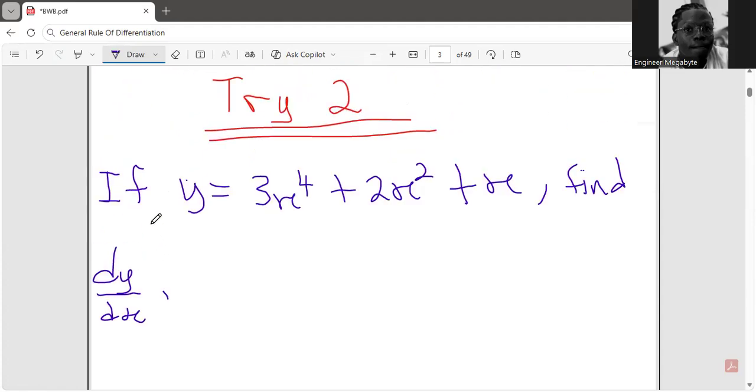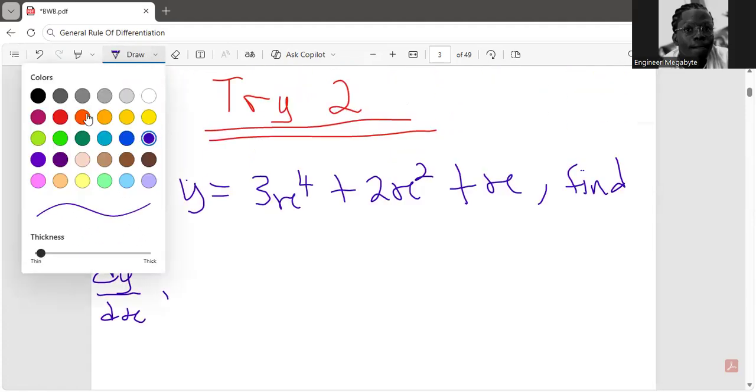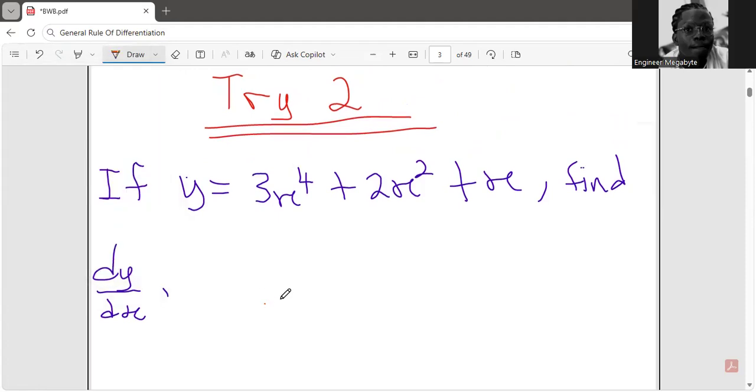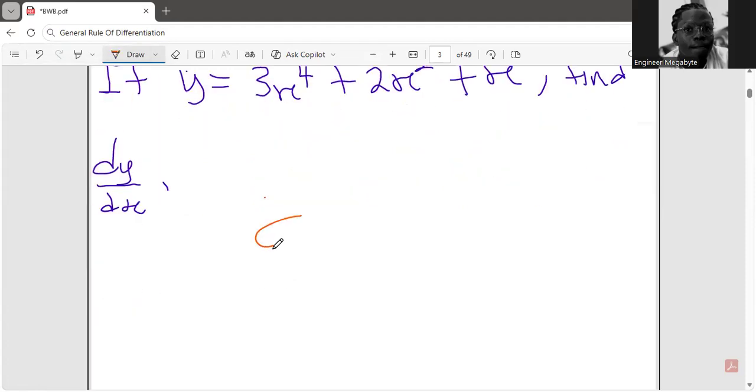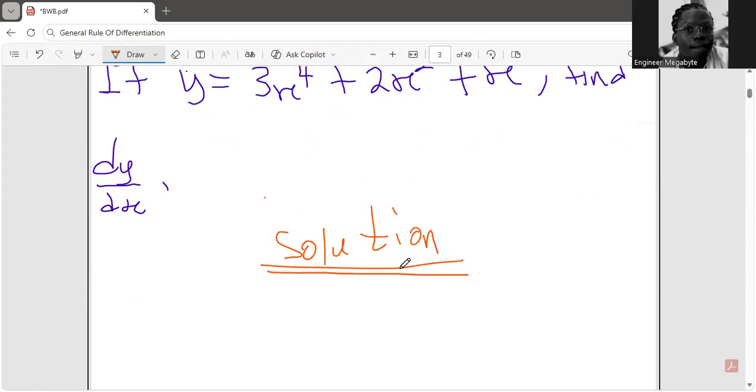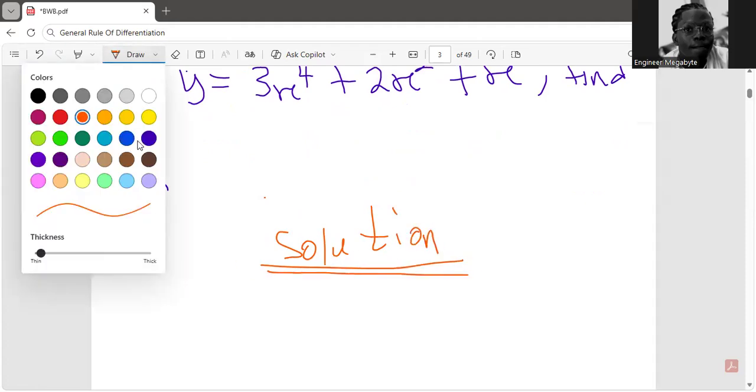The first thing we are supposed to do, from whatever we've been learning so far, is to write solution. In the solution we repeat the question for 1 mark, and then we can proceed to make history, that is, if you are doing this on the answer booklet. So this is our question.